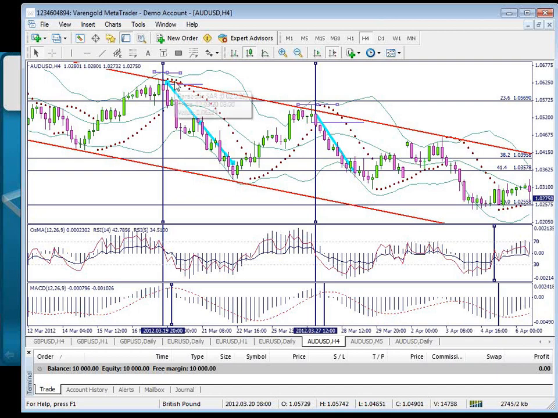We see that here the SAR is changing the direction, so we can move the stop loss once the SAR is going down. On this candle, we still have the same levels for stop loss.